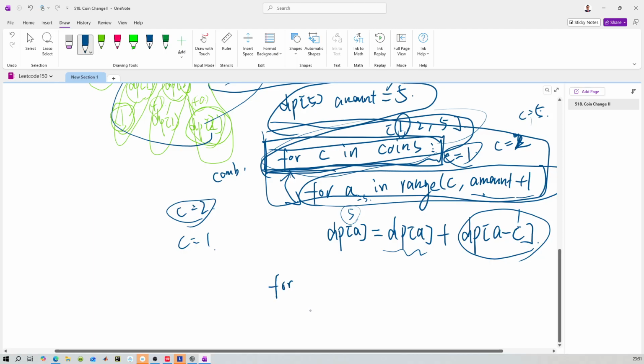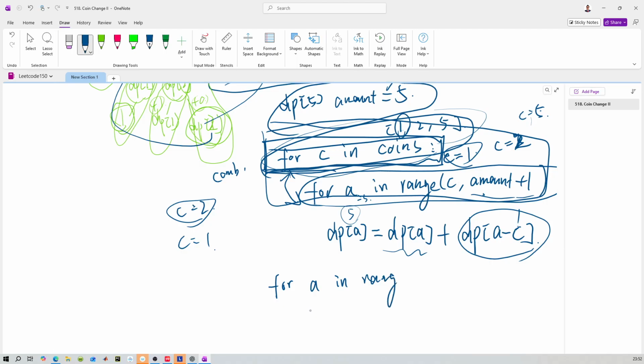What we were doing before was putting for a in range, say up to amount plus 1, in the outer loop, and then for each amount, actually we write 0 here, and then for c in coins.